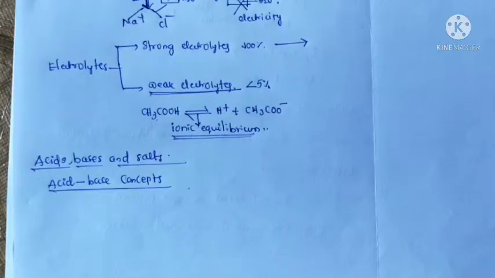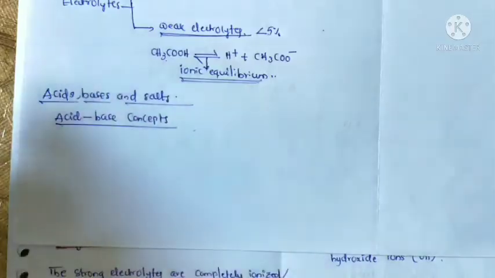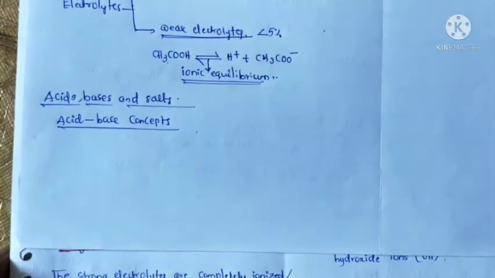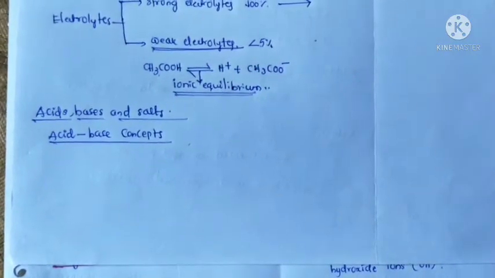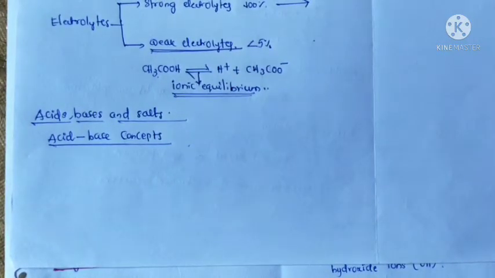Lemon juice contains citric acid, orange juice contains ascorbic acid, ants release formic acid, vinegar contains acetic acid, and tamarind contains tartaric acid. So these are acids we see in our daily life.